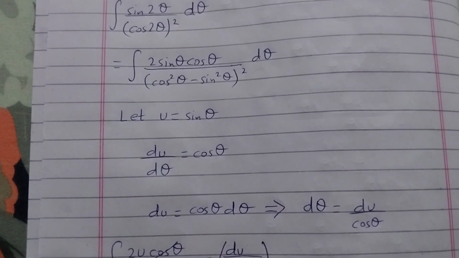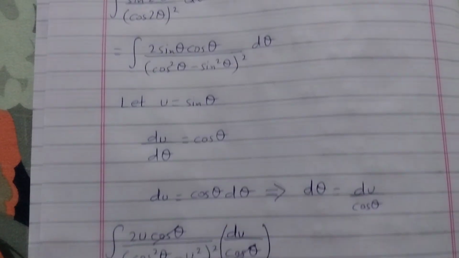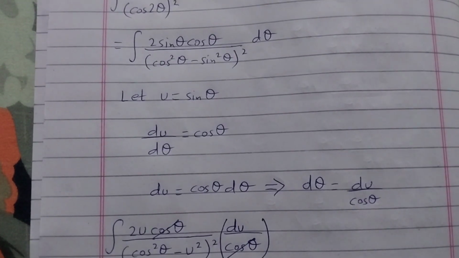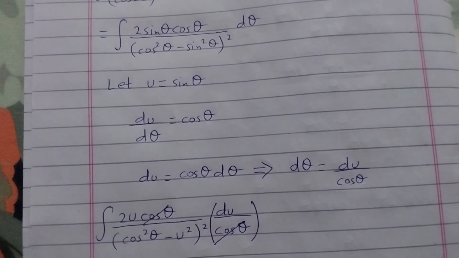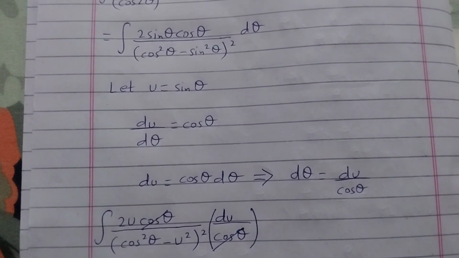We are interested in d theta, so cos theta will be divided on the other side, so d theta is equal to du over cos theta. Now we need to write this whole integral in the form of u. It will become the integral of 2 times u, since sine theta is u.